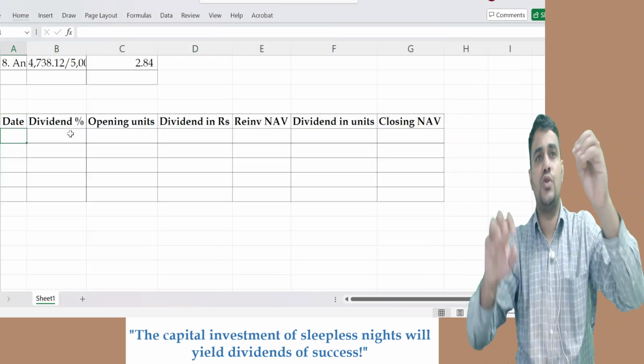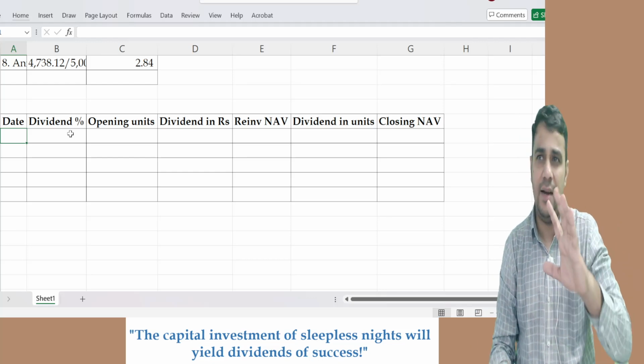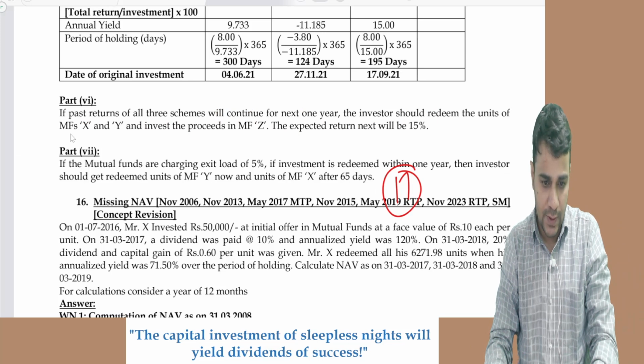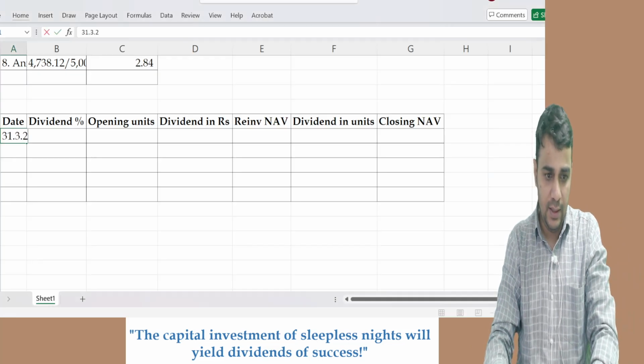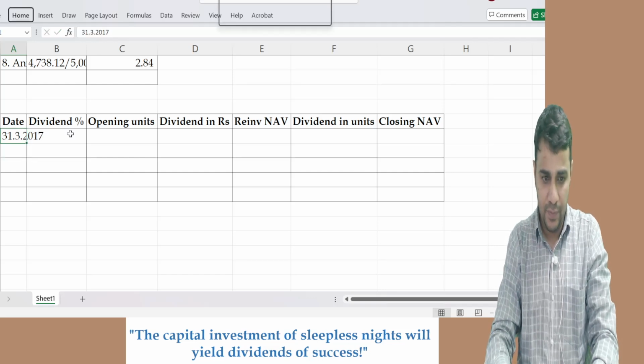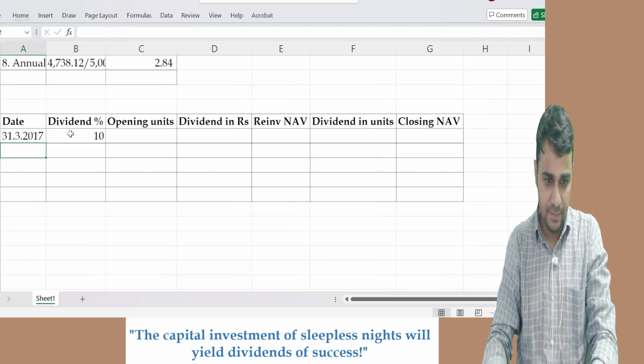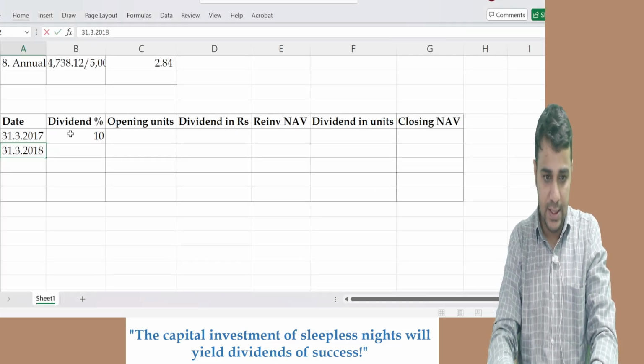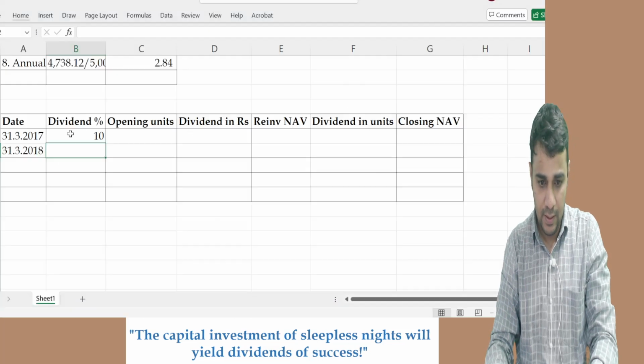We will write down the dates on which dividends are paid and try to get to the answer. First date was 31/3/2017, 10%. Then 31/3/2018, 20%.